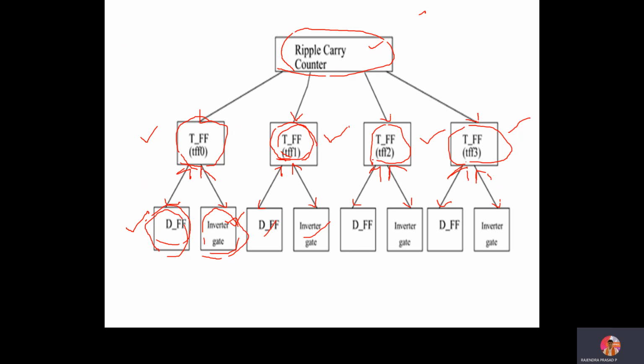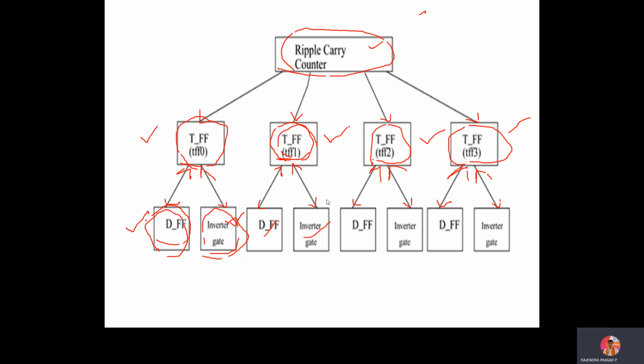Once I have built TFF0, TFF1, TFF2, and TFF3, then all four T flip-flops are built. When I combine them, finally I get the output for the ripple carry counter.